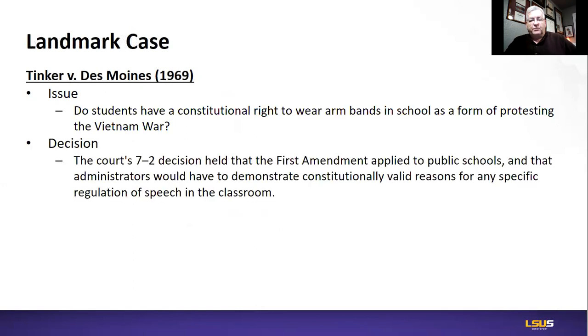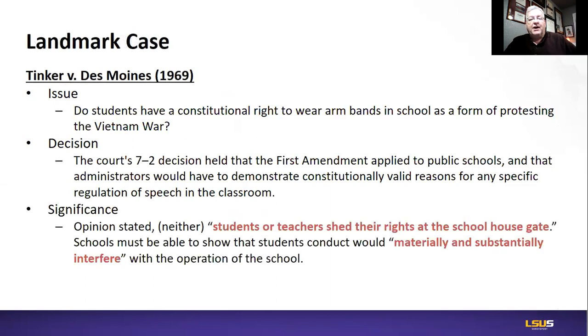And so the court decided in a 7-2 decision, so it wasn't close, that the First Amendment applied to public schools. And that was the first time that actually had happened. And that administrators would have to demonstrate that there were valid reasons for interfering with a student's First Amendment rights.